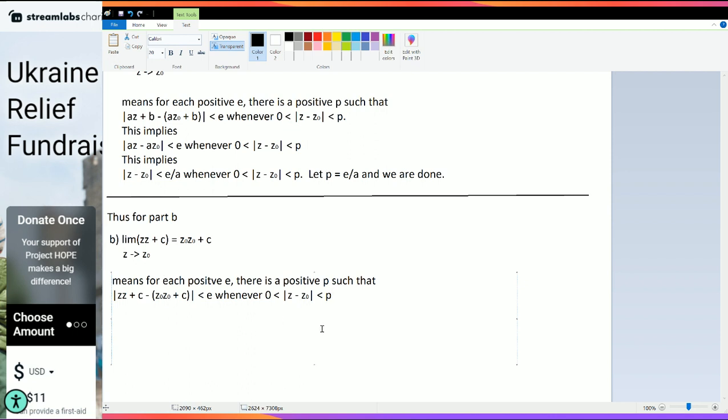But this implies the distance between z squared and z naught squared is less than epsilon whenever 0 is less than z minus z naught is less than delta.